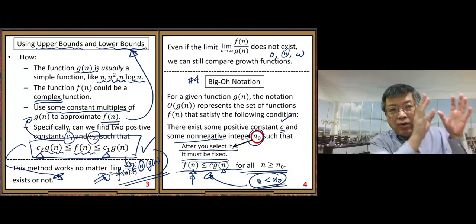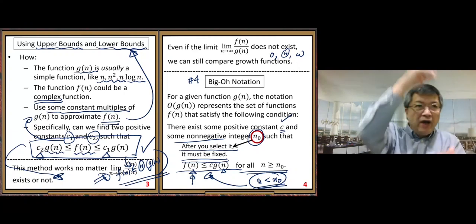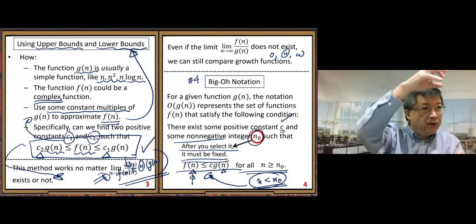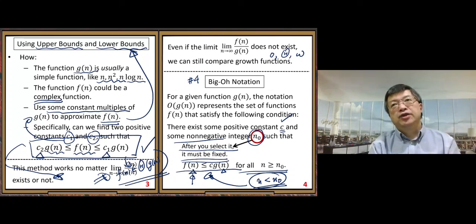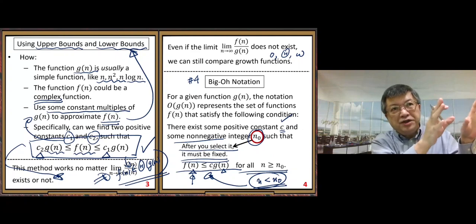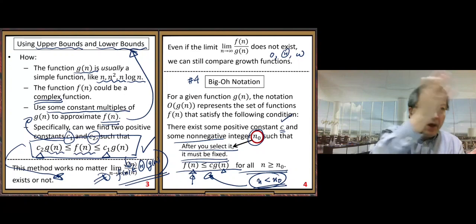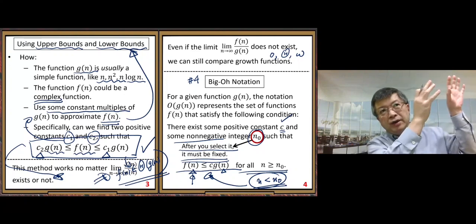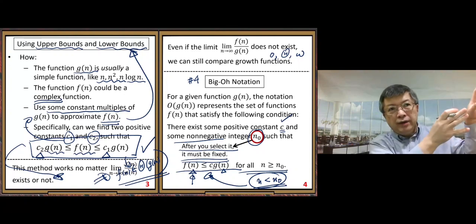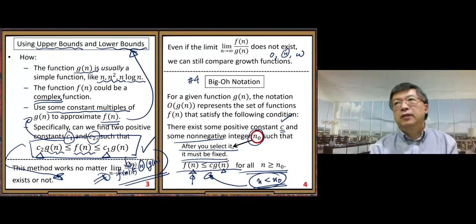When the problem size is relatively small, the overhead part may be too big, so we don't want to consider how fast the function grows if the overhead part is too big. We want to ignore the part affected by the overhead.